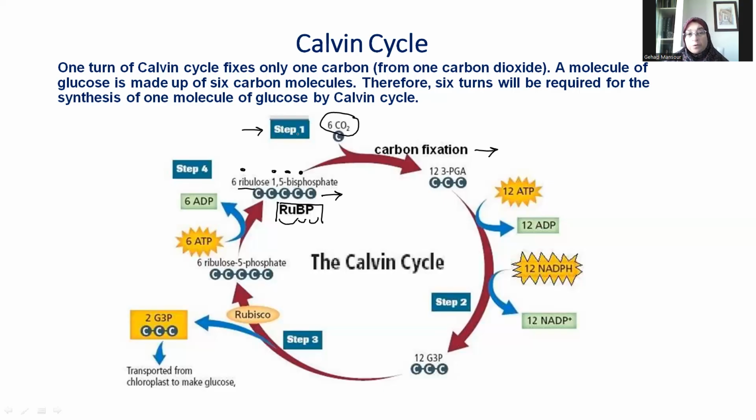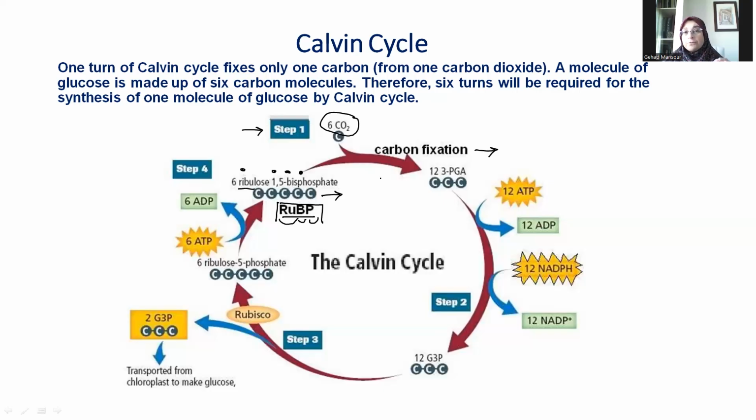In step 1, a molecule of carbon dioxide will start the reaction by reacting with ribulose biphosphate. Actually, we will discuss the overall reaction of the Calvin cycle.